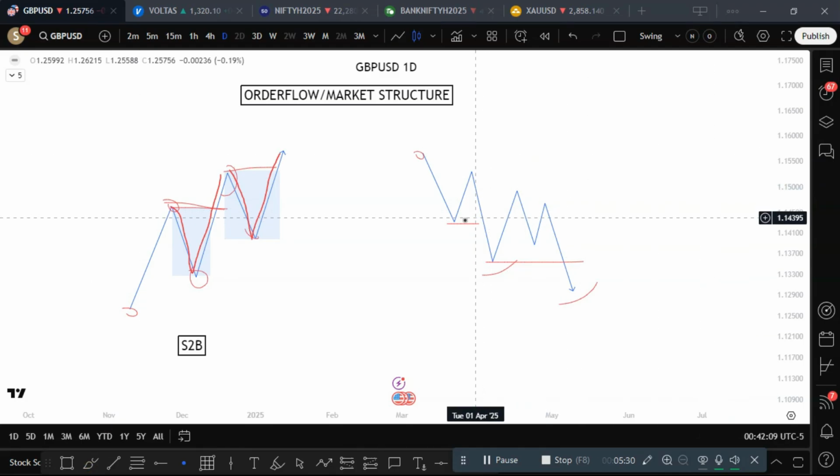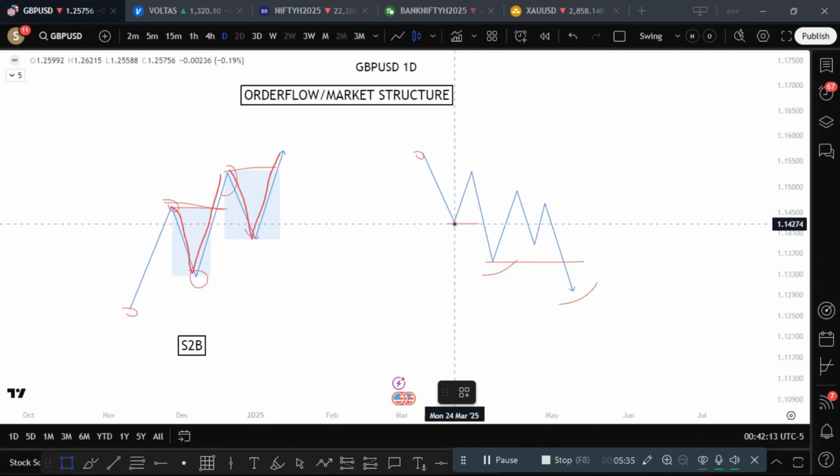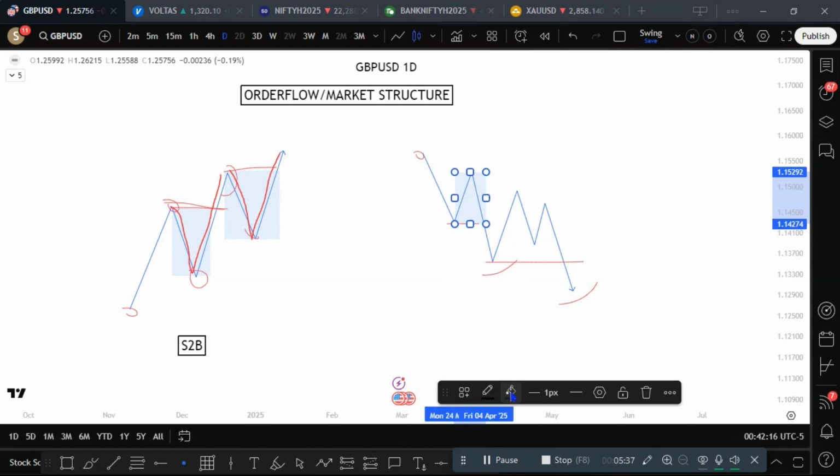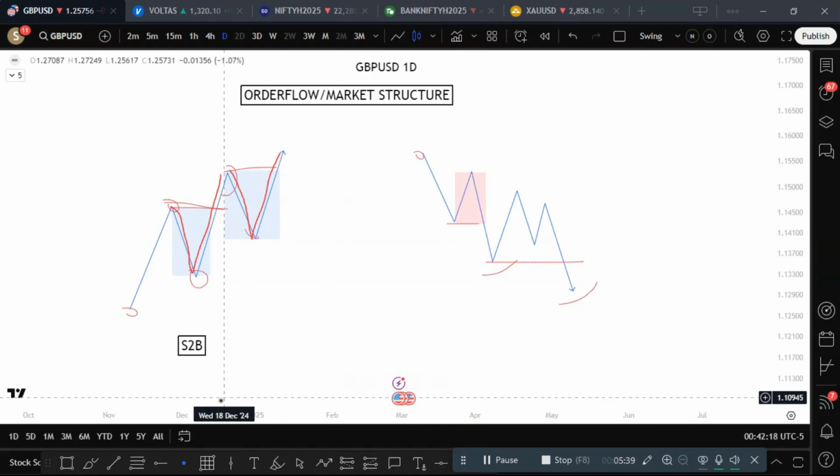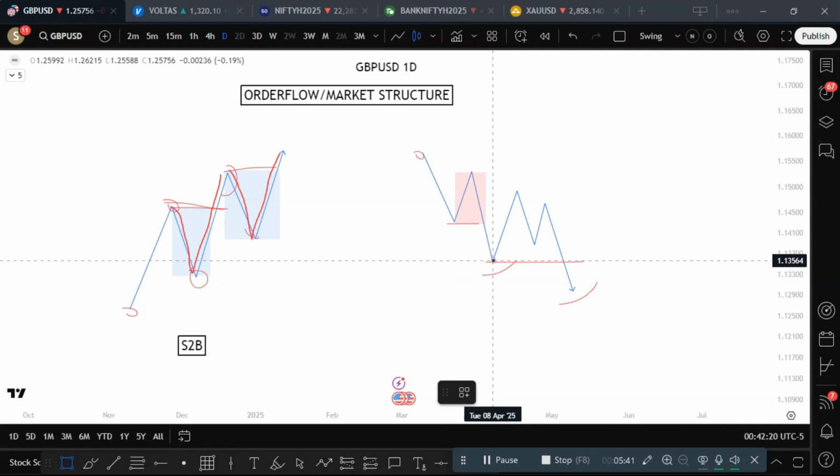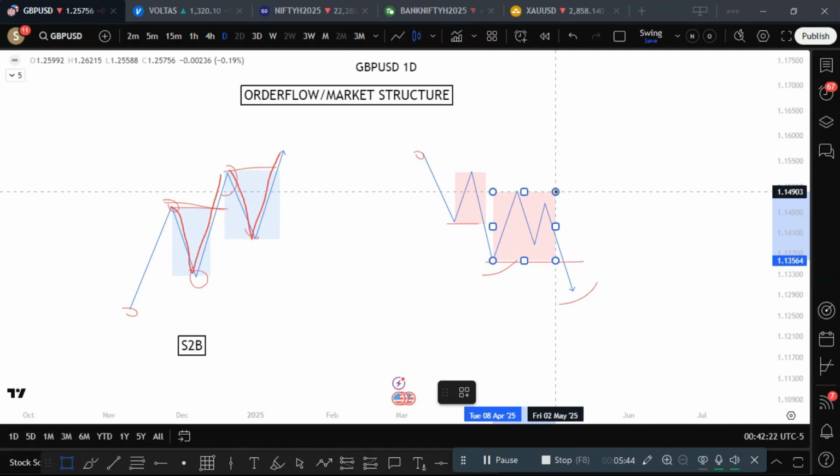So price create breakdown, then from the bottom of the range to the top, this is what we call buy to sell, from the bottom to the top of the range.